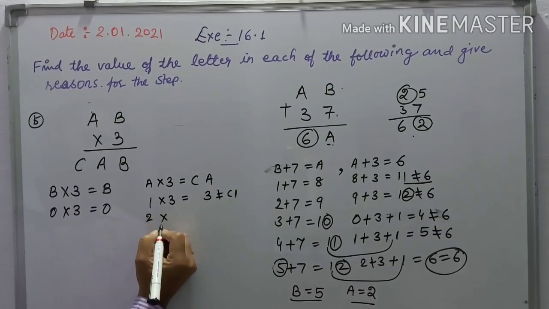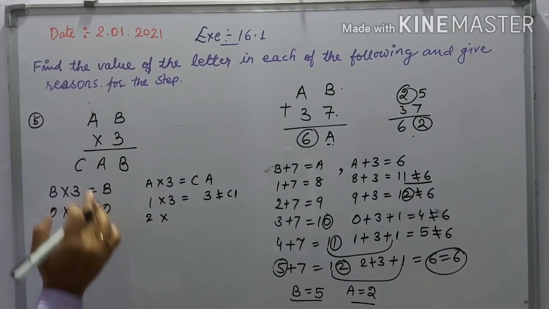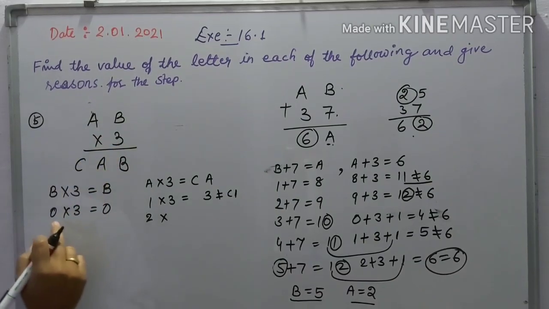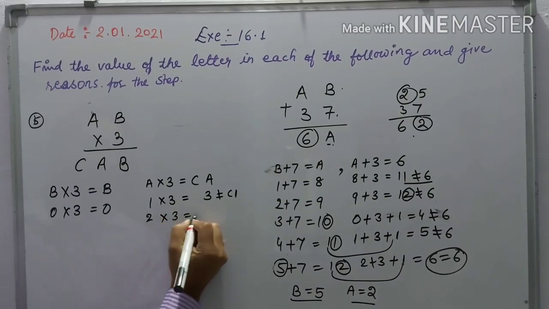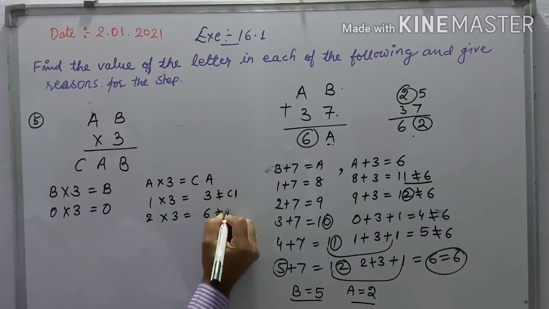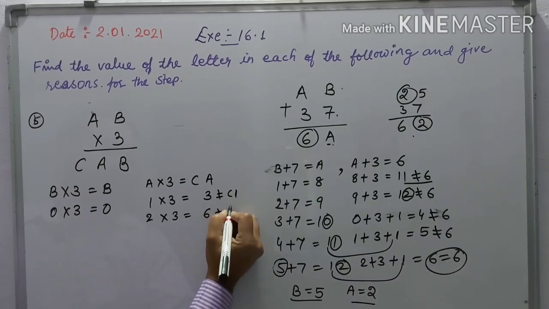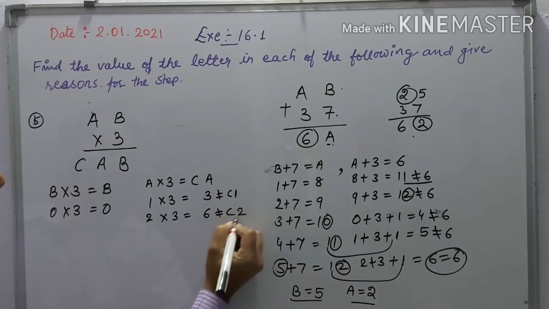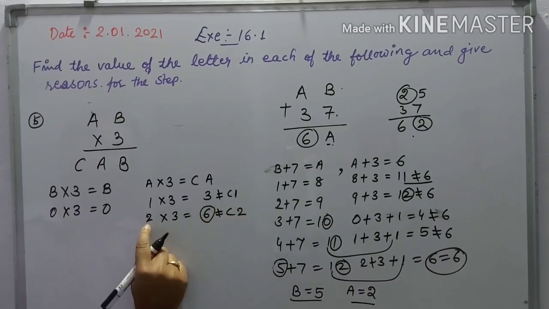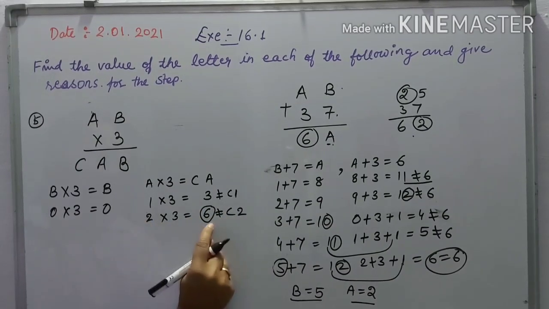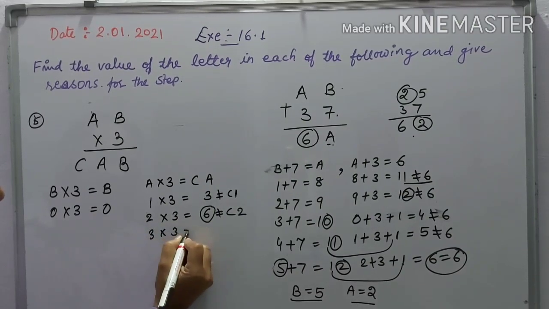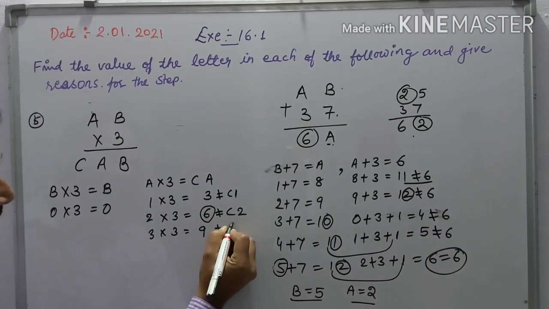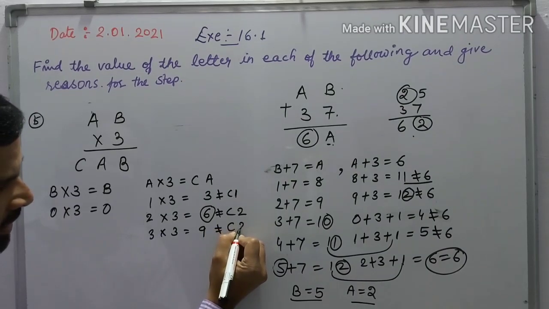Suppose 2 into 3 is equal to 6. 6 is not equal to C2, because you put the value of A as 2. Now 3 into 3 is equal to 9, but 9 is not equal to C and 3.